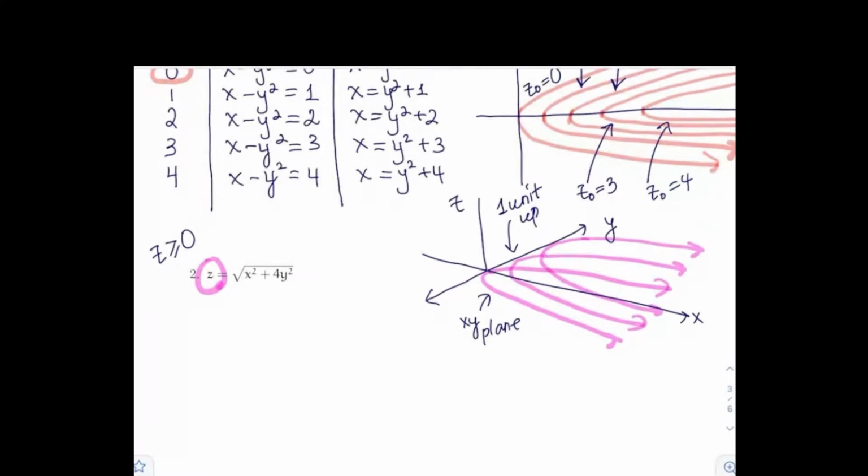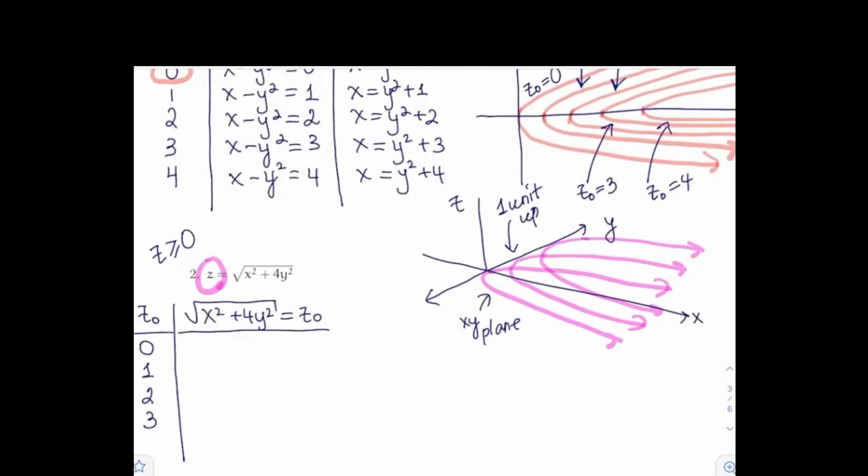Okay, let's go ahead and come up with a table. So z-naught in the left column, and then here I'm going to say the square root of x squared plus 4y squared is equal to z-naught. I'm going to pick 4 values here.